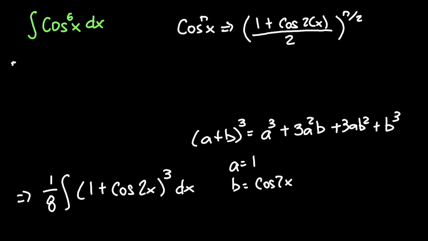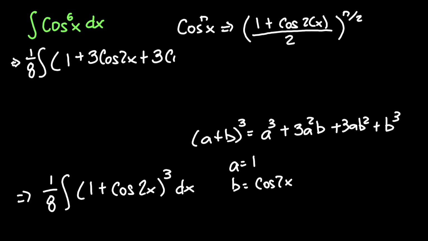And so, this would be 1/8 integral of 1 cubed, which is simply 1, plus 3 times 1 times b, which is cosine 2x, plus 3 times 1 times b squared, which is cosine squared of 2x, plus b cubed, which is cosine cubed of 2x dx.